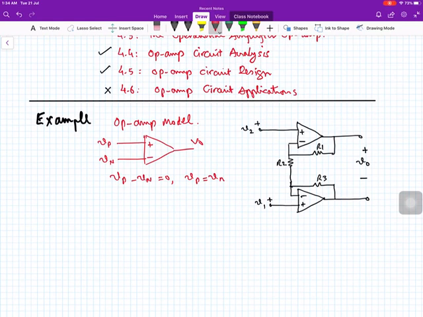So following this assumption, here we see that V2 is connected to this side. Therefore, the voltage at this node is also V2.